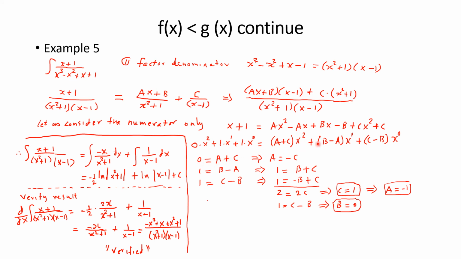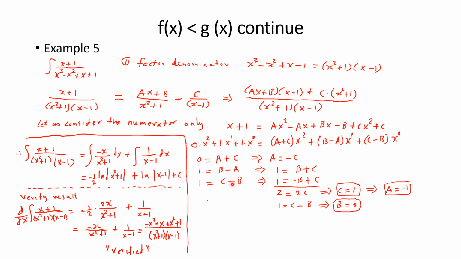Similarly, b minus a is the coefficient of x to the power 1. The coefficient of x to the power 1 on the left is 1, so 1 is equal to b minus a. And by the same token, we can say that c minus b, which is the constant, is going to be equal to the constant on the left, which is 1 multiplied by x to the power 0. So 1 will be equal to c minus b.